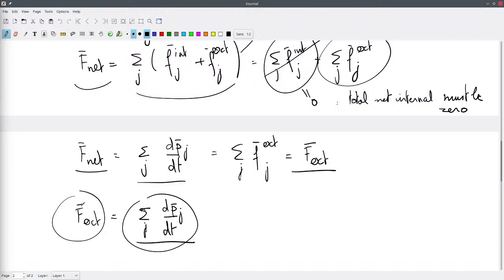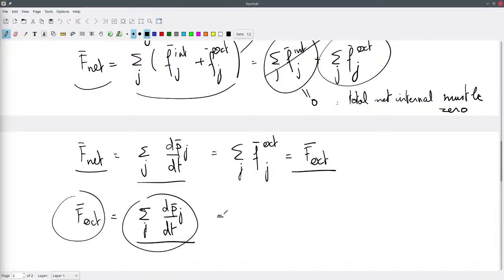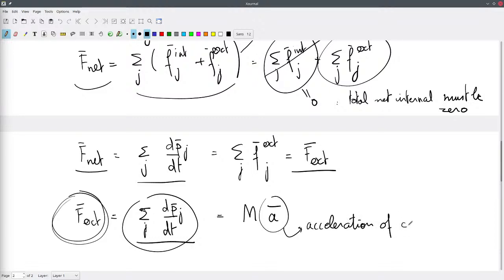So that allows us, of course, to simplify things. Now we're going to take this a step further. We can write this external force with Newton's second law as mass times acceleration, where this is now the acceleration of the entire collection of particles in some sense, which we'll define in a minute.